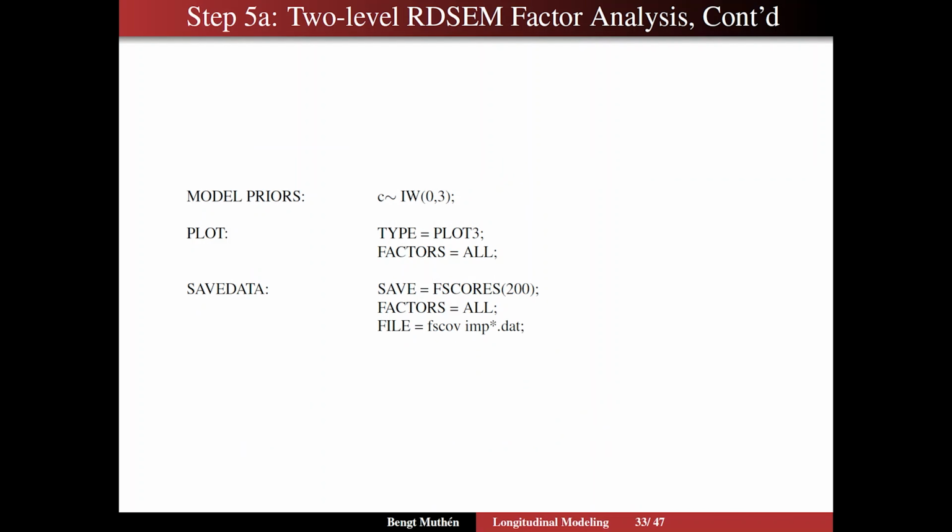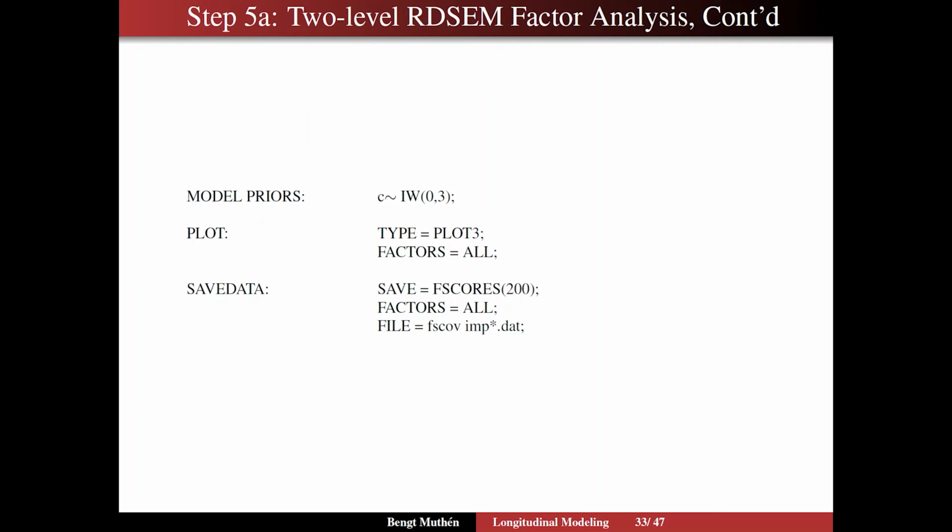And because the factors are highly correlated, we want to help the algorithm, the iterations for finding the estimates, by imposing a mild prior here, an inverse Wishart distribution prior, 0.3.